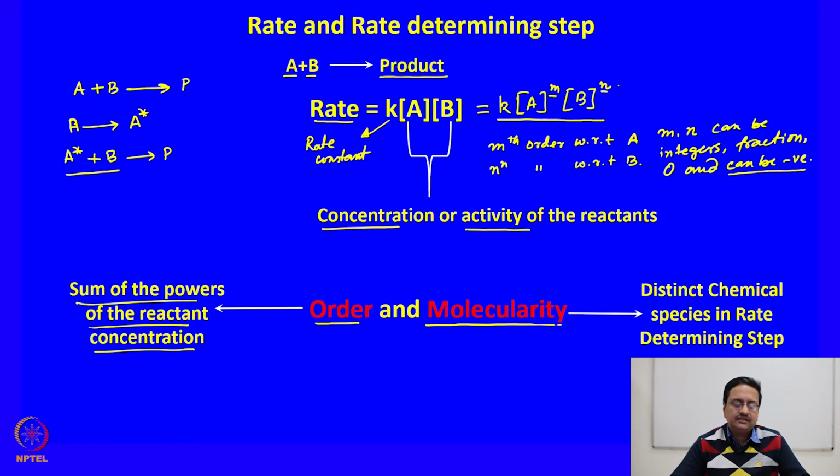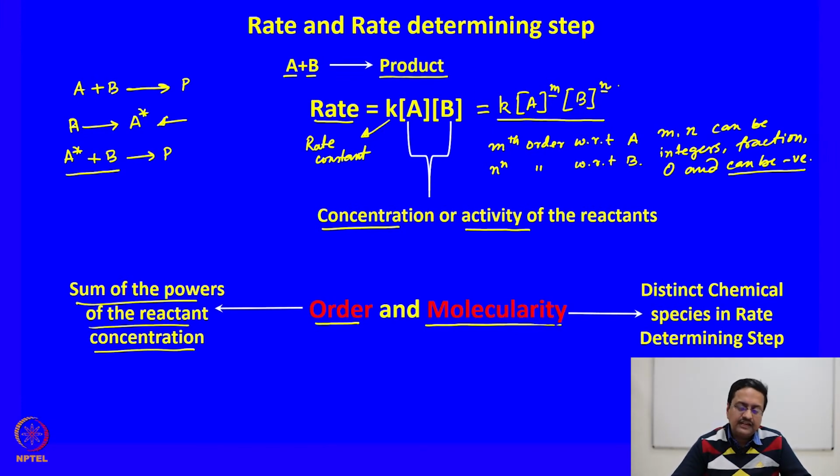So, those two molecules reacting in this step determine the molecularity of this reaction as a bimolecular process. Suppose if the slowest step involves only one molecule, then the molecularity of this step is 1.